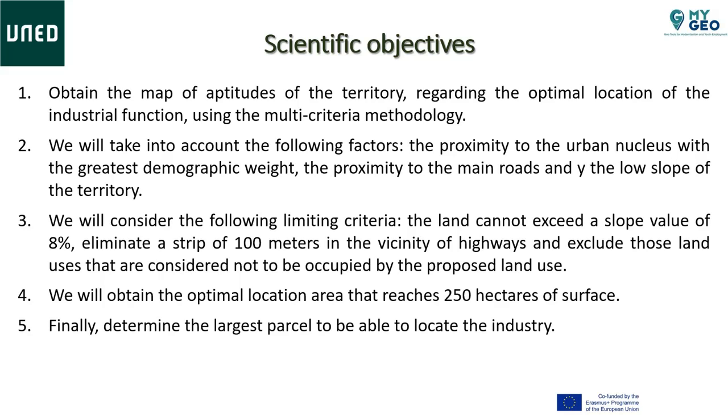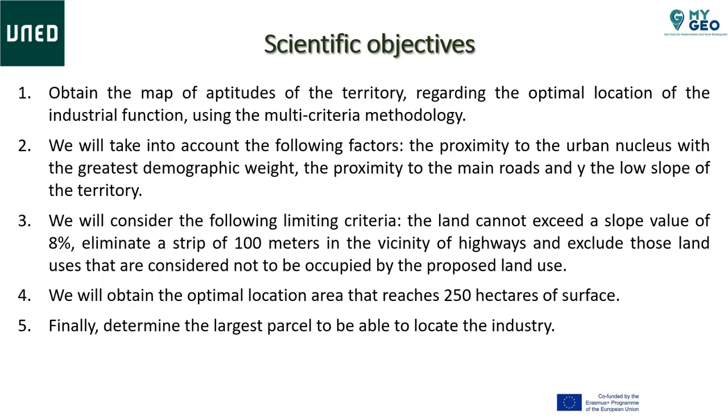A. Positively assess the proximity to the urban nucleus with the greatest demographic weight. B. Positively assess the proximity to the main roads. C. Positively assess the low slope of the territory.